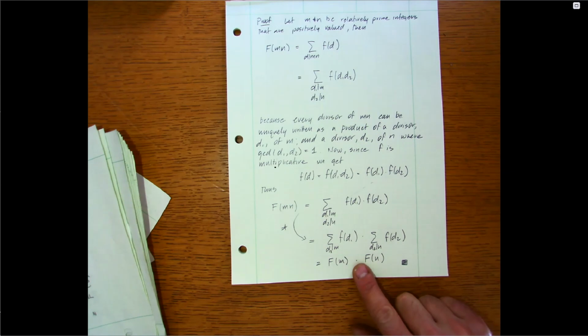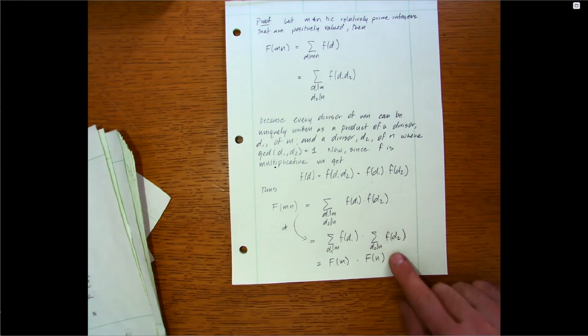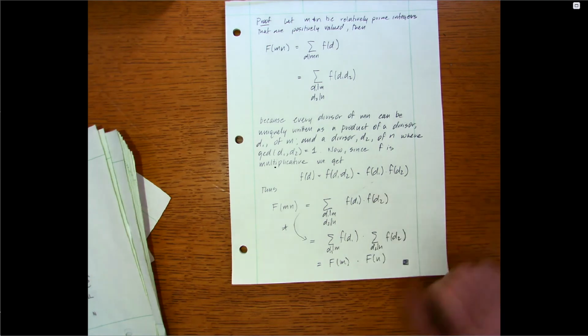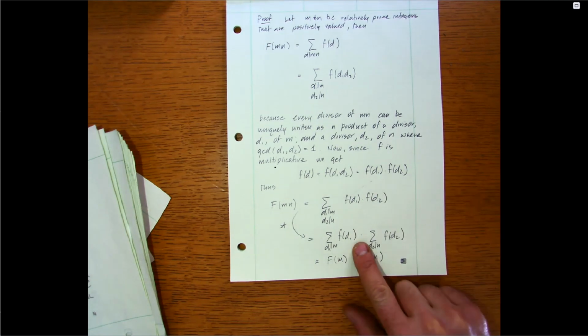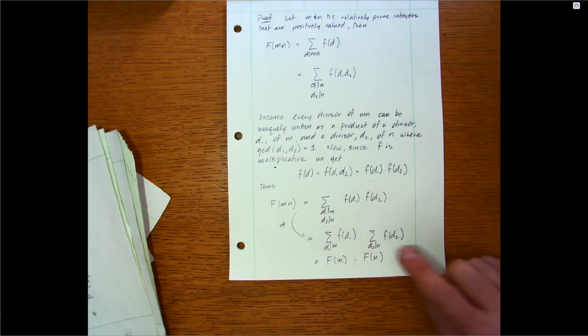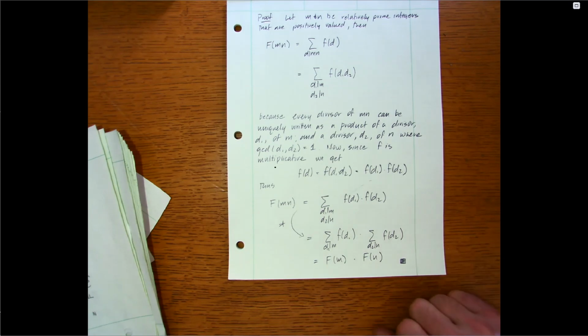And indeed you can. It turns out that this is equal to this, and I think that an example might help you see it a little bit better. But the idea is that the product of all these can actually be factored into the sum of all the divisors of m evaluated for f of d1 times the sum of all the divisors of n evaluated for f of d2.